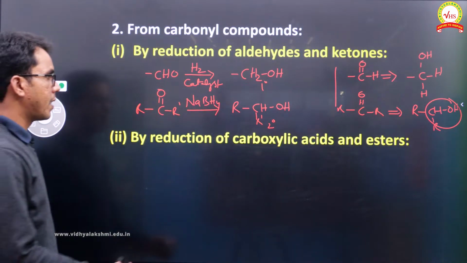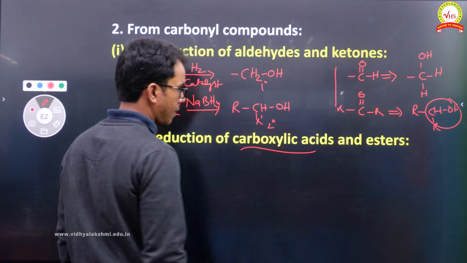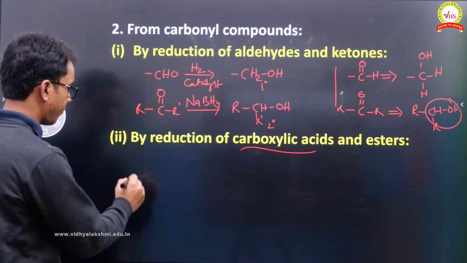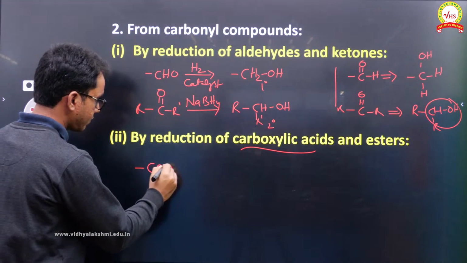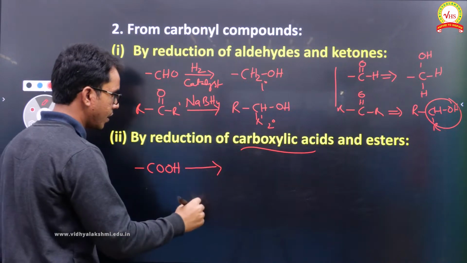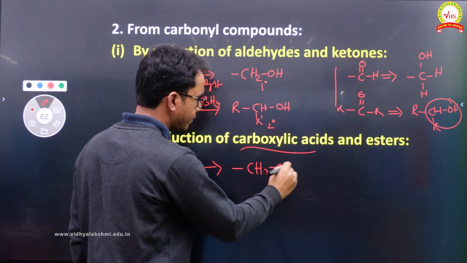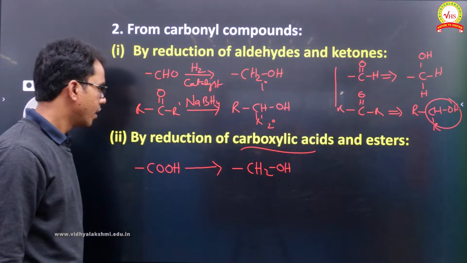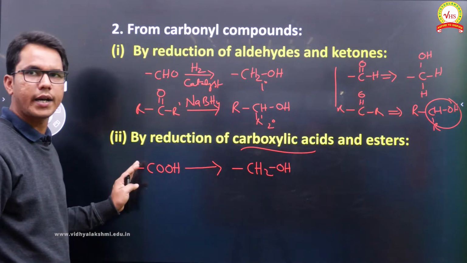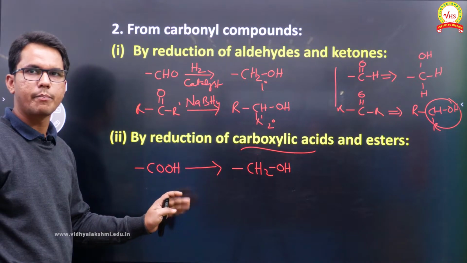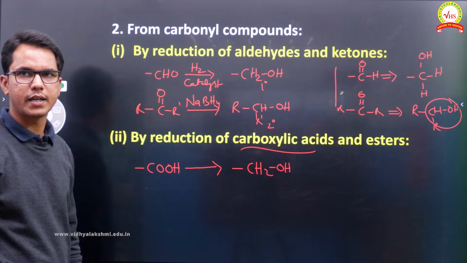Now, by reduction of carboxylic acids: for example, if you take a carboxylic acid, COOH, this converts on reduction into a primary alcohol. This is a kind of strong reduction. A mild reducing agent cannot be used for this particular conversion.